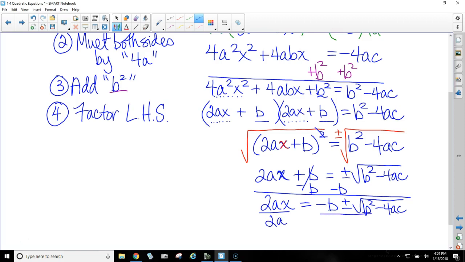You can divide the entire side by 2a if you would like. And so there you have derived the quadratic formula again. That's the same thing as what we got on the last method. x is equal to negative b plus or minus the square root of b squared minus 4ac all over 2a.